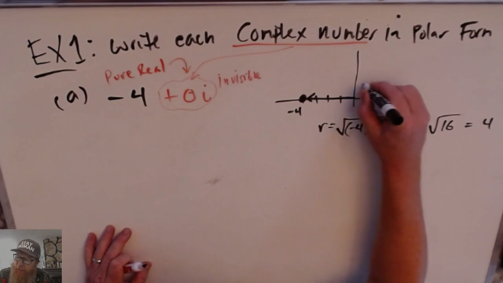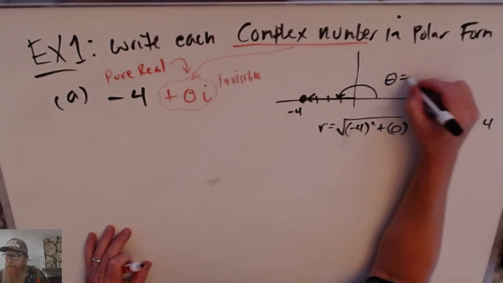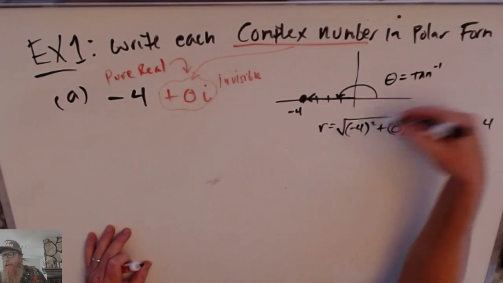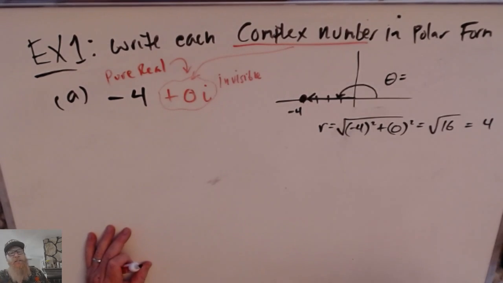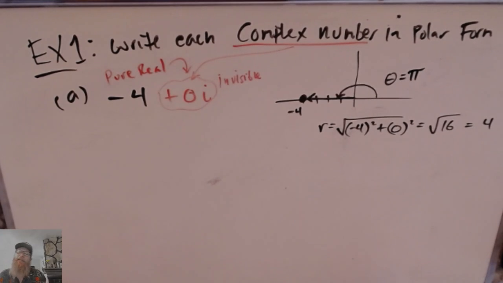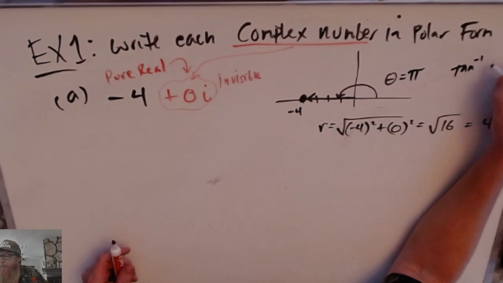And then our angle, again, you could do it. Theta is tan inverse, blah, blah, but it's not necessary. If you already know it, I'm not even going to do it. You know that theta is pi. Not only that, but if you try tan inverse, watch what happens.